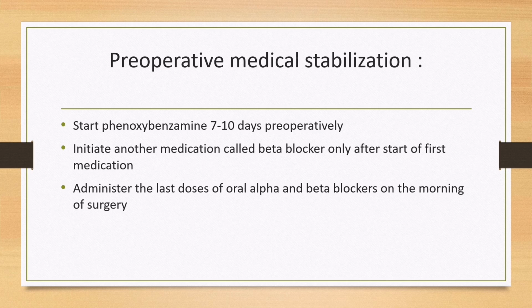We call it phenoxybenzamine. So we need to start this medication, and after initiating it, we can add another medicine, which we call a beta blocker. These two medications will help us control your blood pressure before we go for surgery.